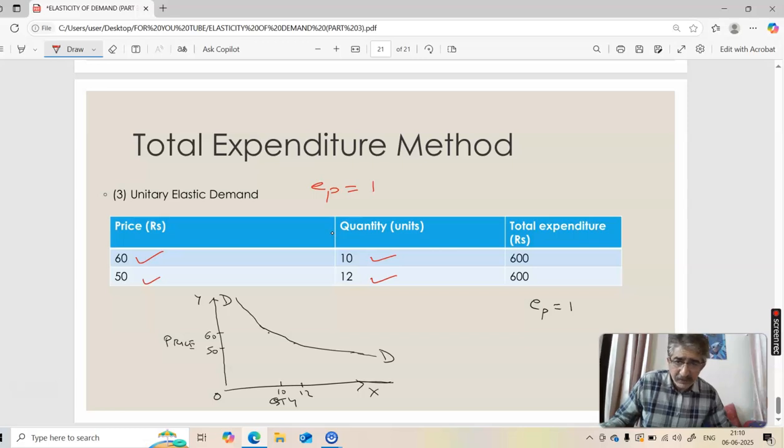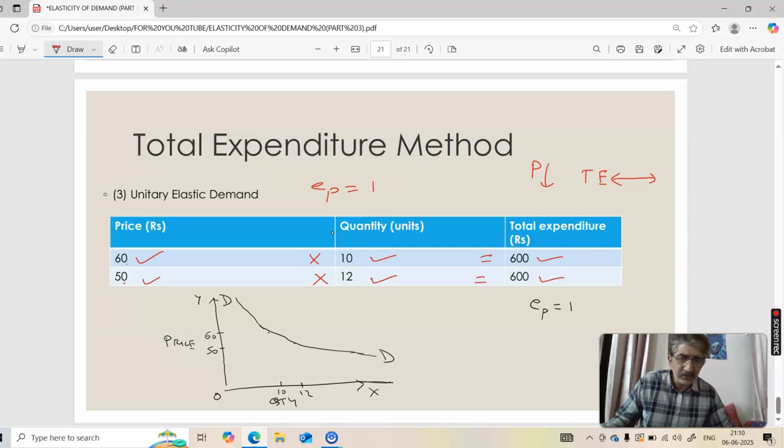Let's calculate the total expenditure. 60 into 10 gives us 600 rupees. Total expenditure was 600. Then at 50 price, multiply by what quantity he is buying? 12. So 5 12s are 60, and 0, 600. That means price has fallen down, but total expenditure, is there any change? No change. It's constant, which I am denoting with a horizontal line.